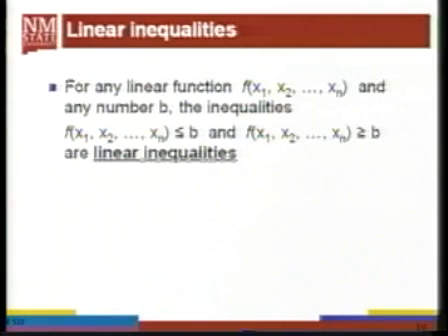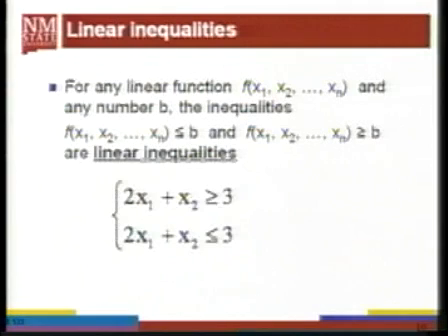And for any linear function f(x) and any number b, the inequalities f(x) ≤ b or f(x) ≥ b are called linear inequalities. So for example, these are linear inequalities. However, this is not a linear inequality, okay?